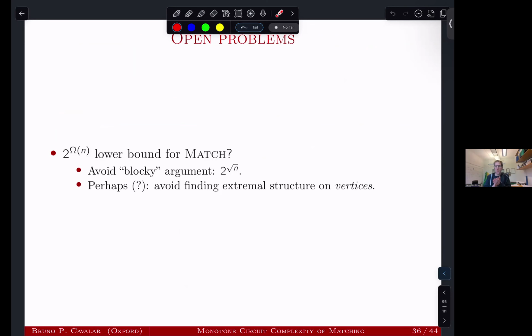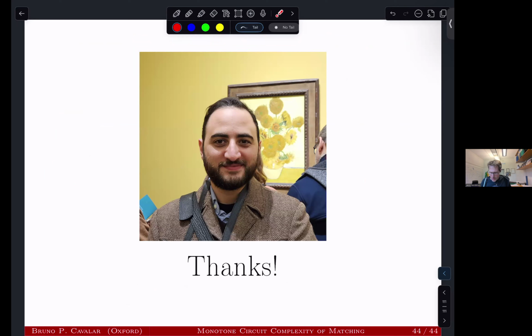So one question maybe while others are thinking. Can you say something about why going via vertices and this blocky setup is easier than going via edges? Well, what precisely would you be asking? Would you be asking something like, we have a set of edges which are from the matchings, and then we try to find a robust sunflower on them?